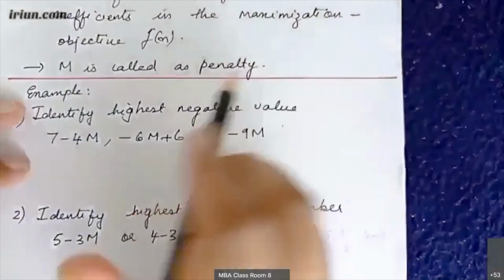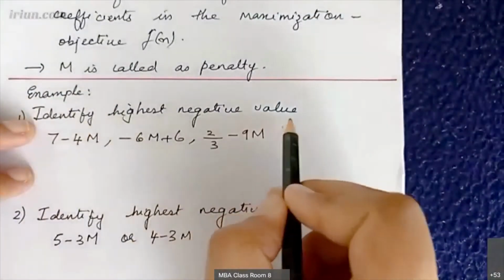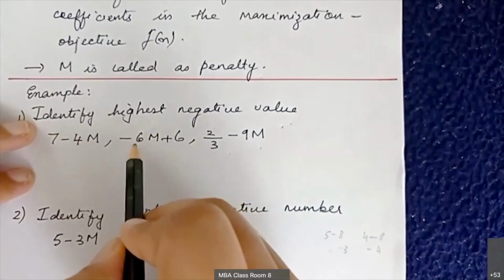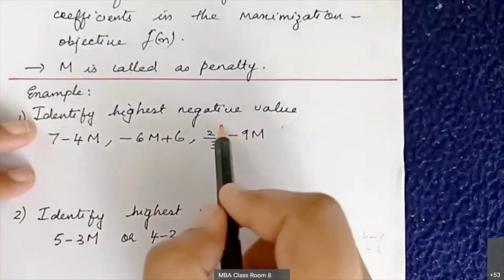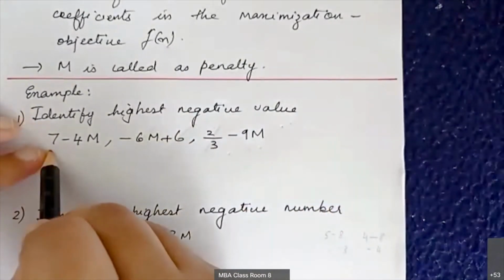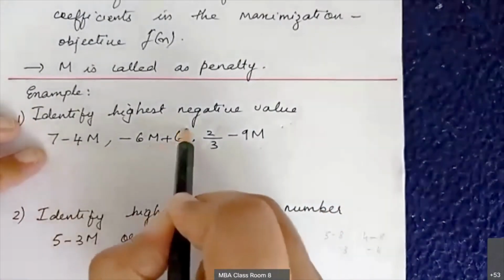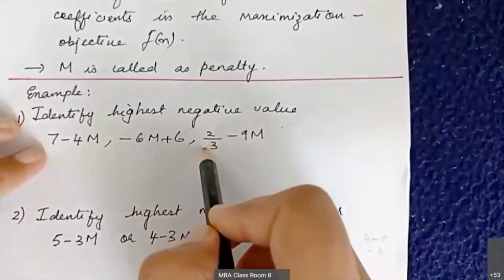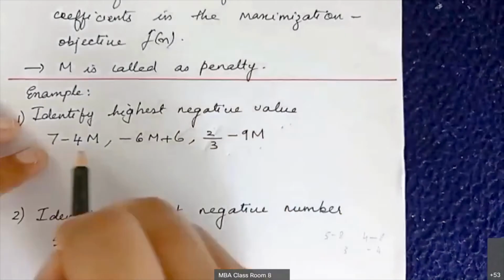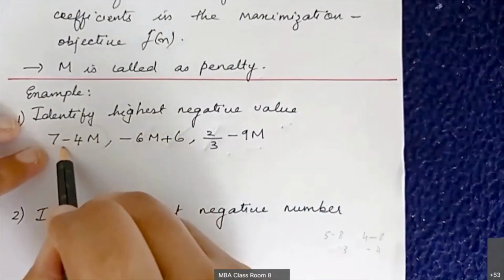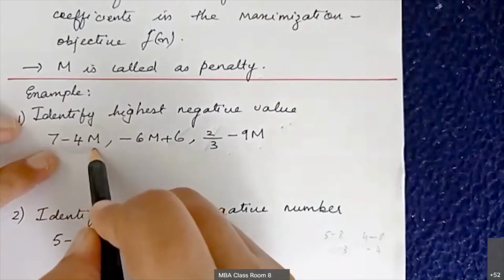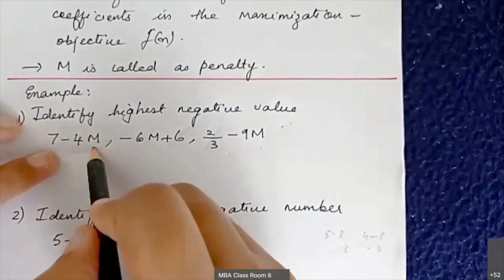So for identifying the highest negative value, you don't have to consider these numbers. Over here you don't have to consider 7. Here you don't have to consider the 6. Here you don't have to consider 2 by 3, because we have to consider only the coefficient that comes along with M. Because M is the highest, it is a very large value.